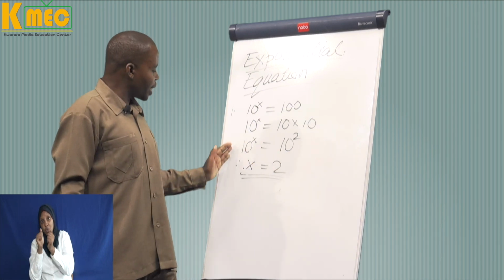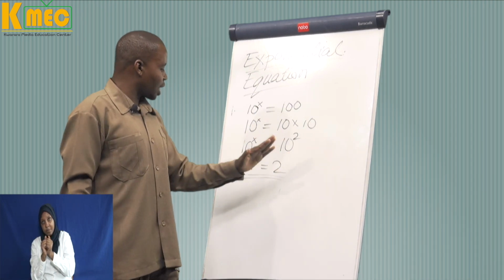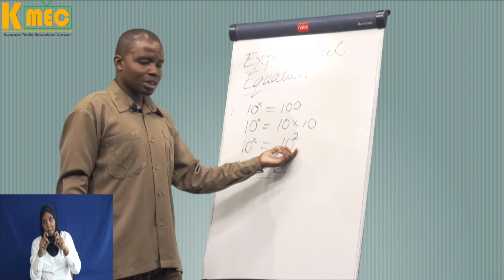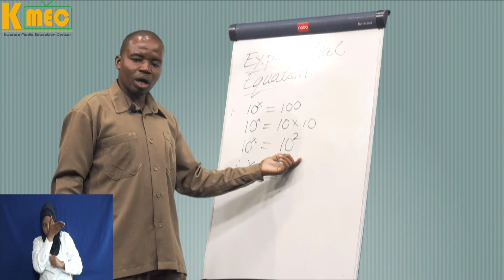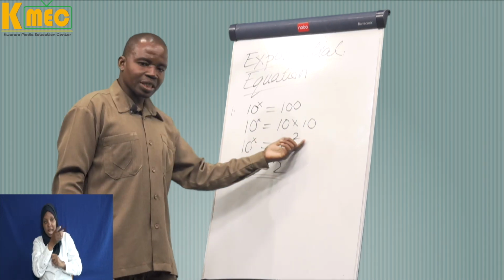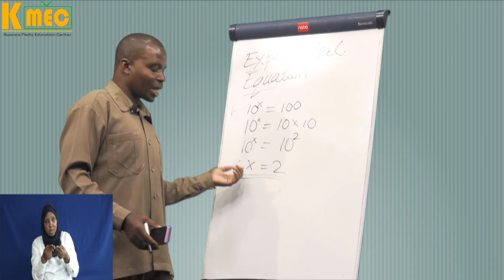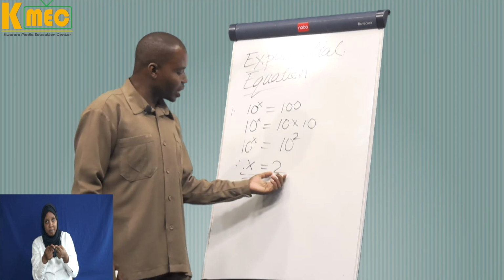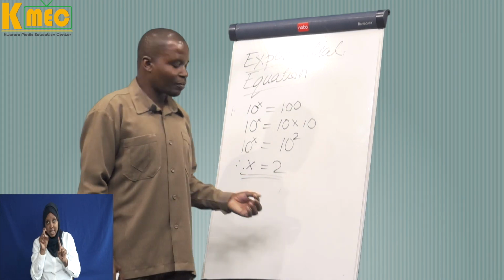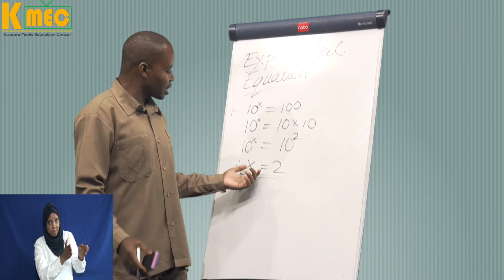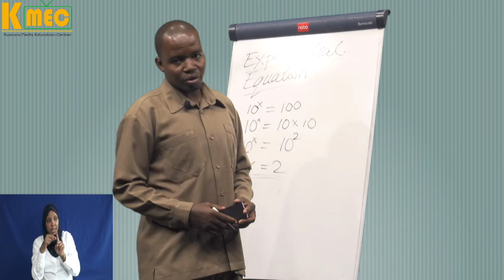Then we compare the two sides. Here the base is 10, the base is 10. If the bases are equal, then the exponents should also be equal. Therefore, what is the exponent? The exponent is x on one side and 2 on the other side. Therefore, we conclude that x is equal to 2.